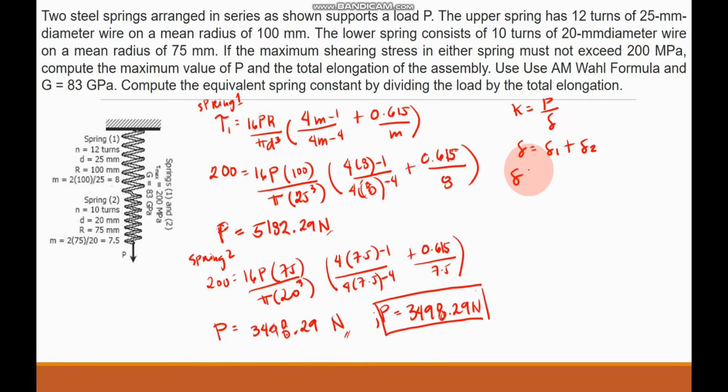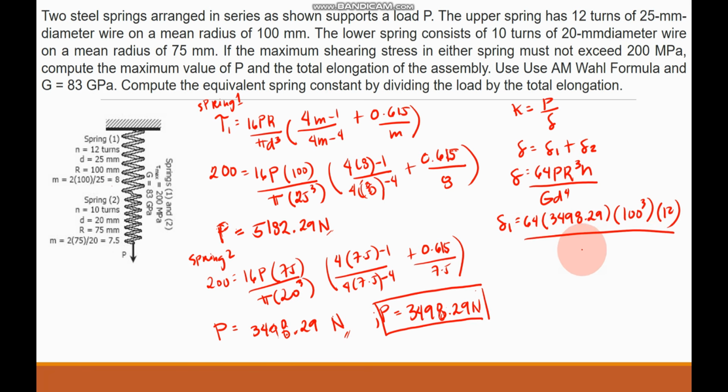So, our deformation is 64 PR raised to 3 multiplied by the number of turns divided by GD raised to 4. For the deformation of the spring 1, 64, P is 3,498.29 Newton. R is 100 raised to 3, number of turns 12, all over G, which is 83 gigapascal or 83,000 megapascal.